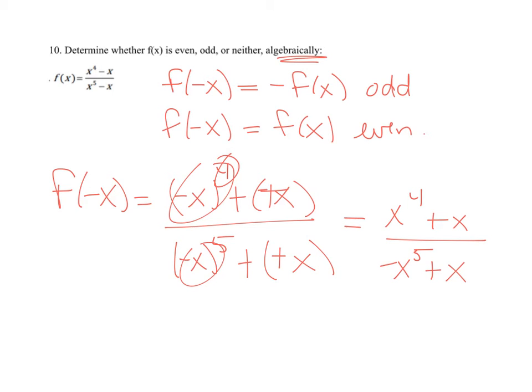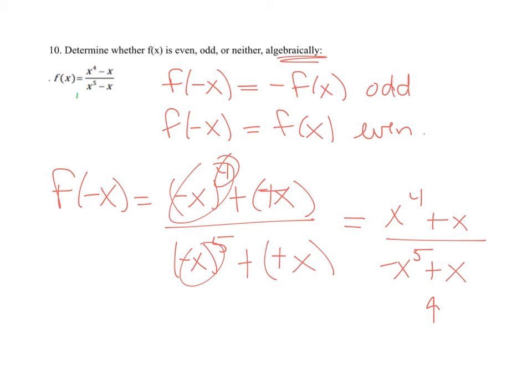Now, what I said before was that if this was odd, only one of the top or the bottom would be completely changed. If you look at the bottom, it is completely changed. The positive x to the 5th turned into a negative x to the 5th, and the negative x here turned into a positive x. But the top is also changed, which we don't want for an odd function.